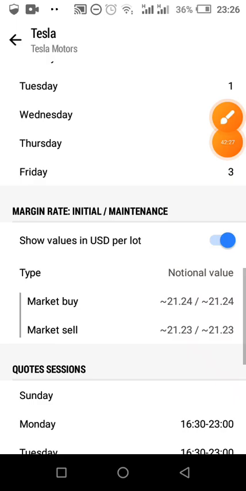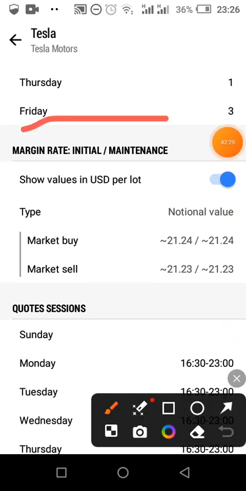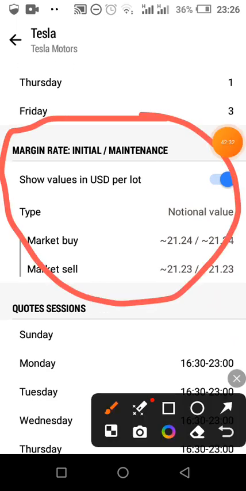But you will see that the margin requirements will also be less for stocks on B-booking brokers compared to A-booking brokers.